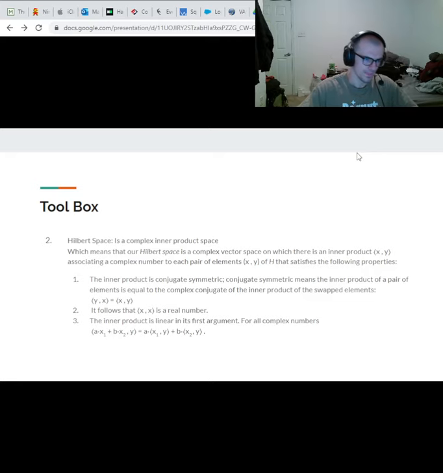It follows that the inner product of x with x is a real number, such that if you're multiplying two complex pieces, you get a real piece, and two real pieces, obviously a real piece. And then that this inner product is linear. We won't really be proving any of these statements. These statements are just following from the definition.